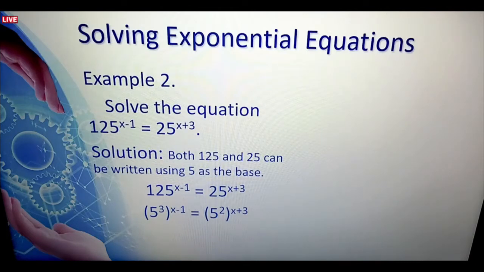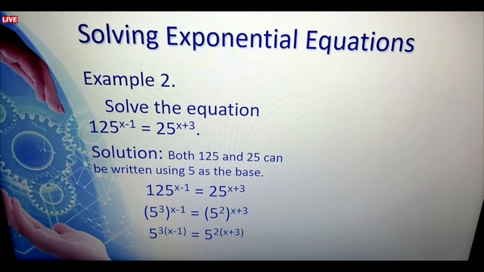Again, following the one-to-one property of exponential functions, with the same base, following the law of exponents, the 3 becomes a product with the other exponent, x minus 1. The same goes for the right side, 2 times x plus 3. That is one of the laws of exponents.